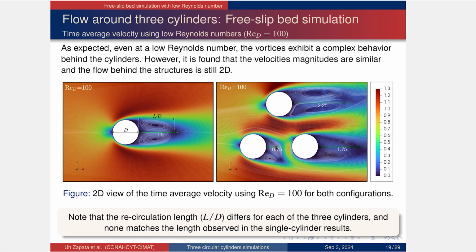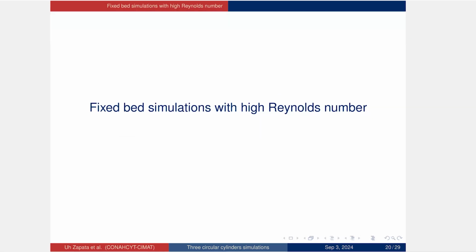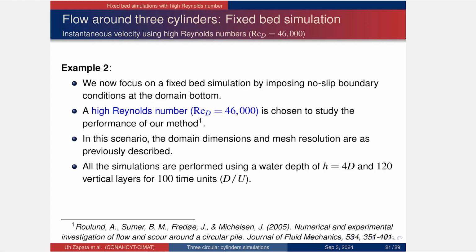But the most interesting cases happen when you have a higher Reynolds number, like with a fixed bed. In this case, going from 100, now we are going to 46,000. This is a huge gap between these two cases. But actually, this Reynolds number is where the erosion happens.